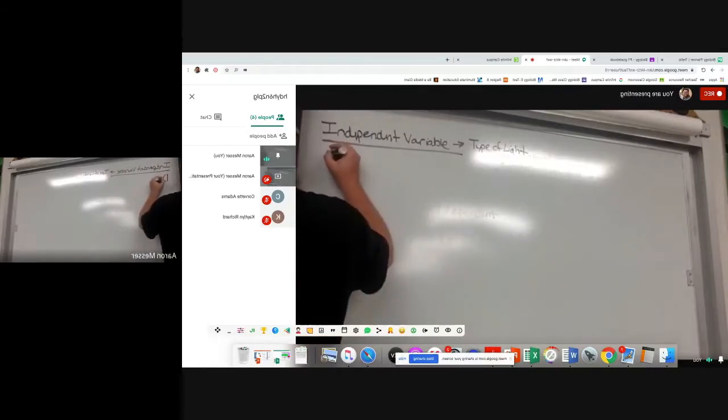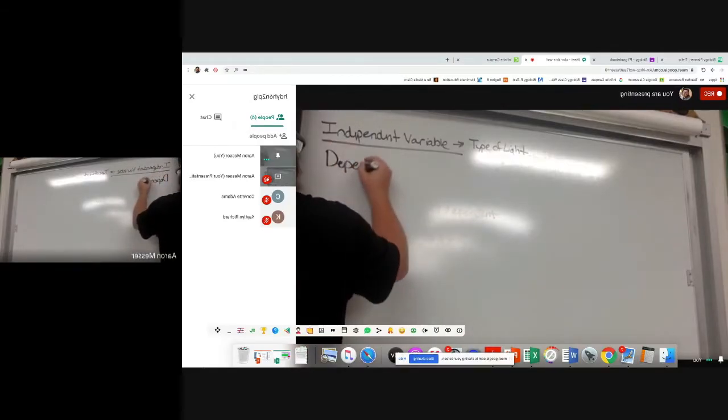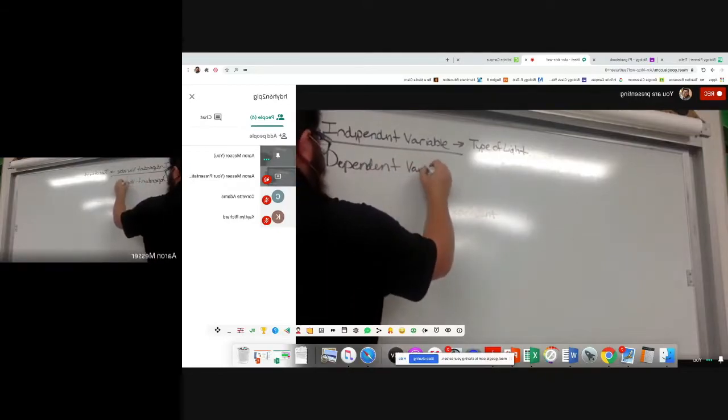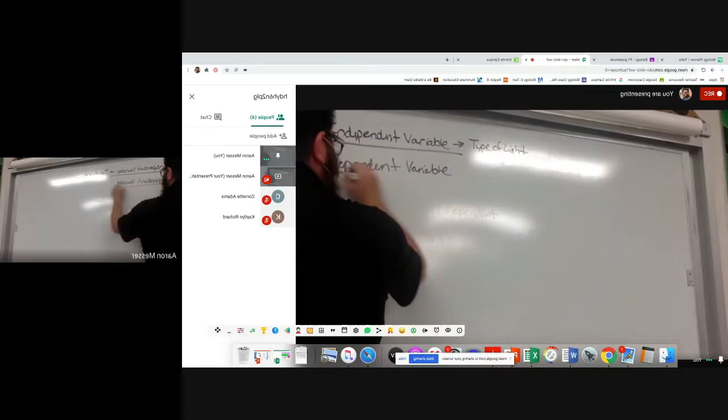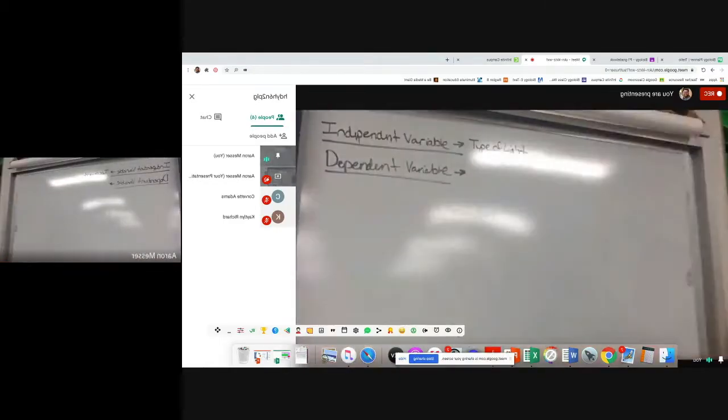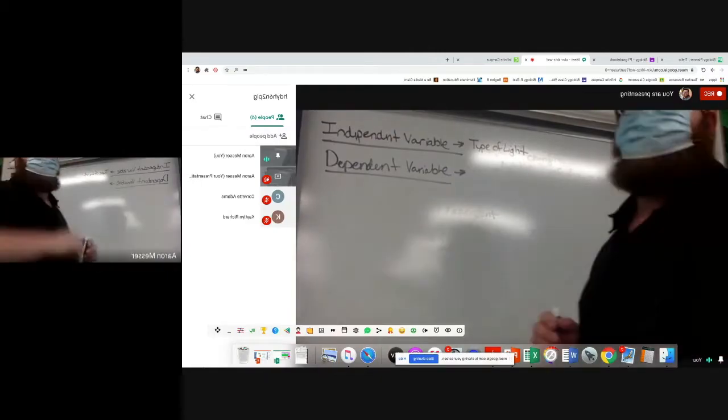What's the dependent variable in this example? How do we determine the dependent variable? What question can we ask ourselves? What are we measuring? And what are we measuring in this example? Yeah. The amount of growth. The height.